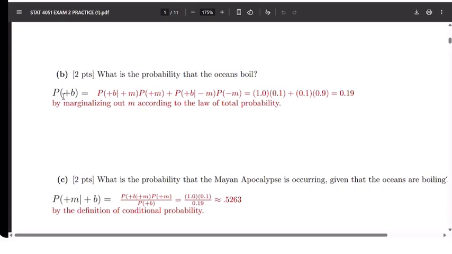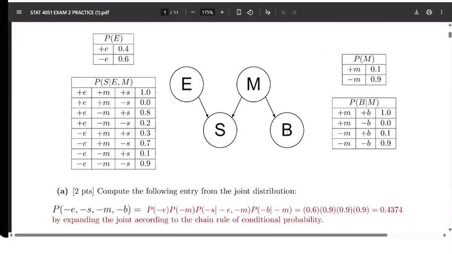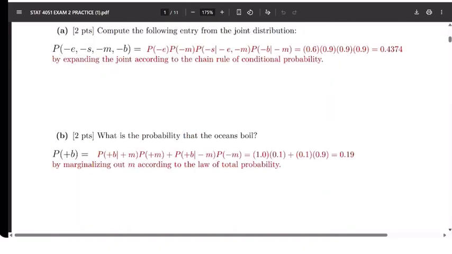Now, the total probability, I need you to pay attention. I want to focus on the probability of B plus, but if you go back, B depends on what in the network? B depends on M. I want to figure out the probability of B, and B depends on M. So if I want to find the probability of B, I'm going to find the probability of B, M plus the probability of B, complement M. Take a look at this.